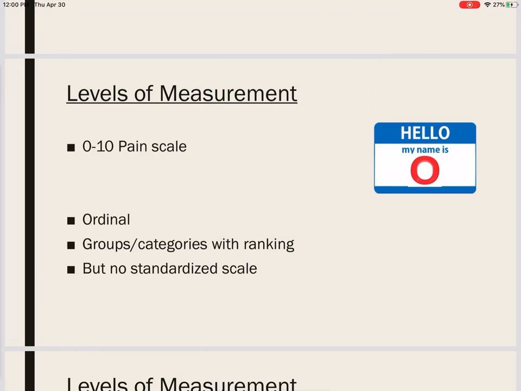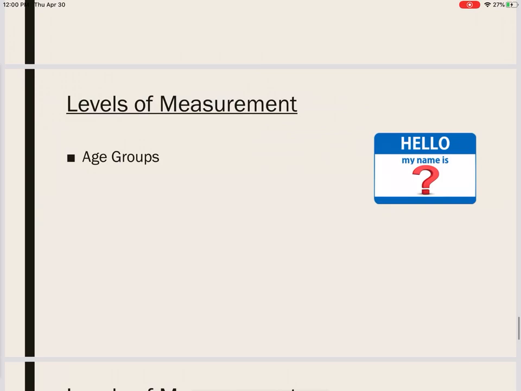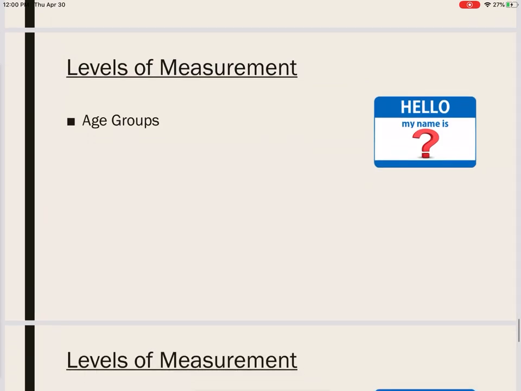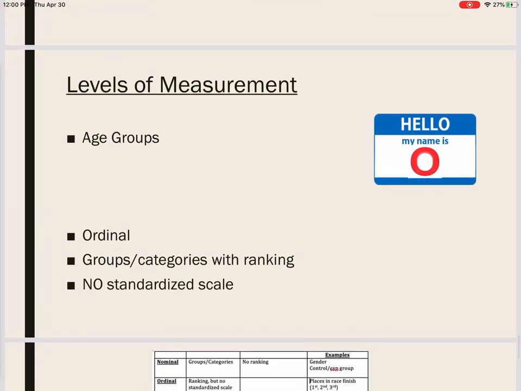It is ordinal because there is a group and category. There is a ranking. A 1 on the pain scale is lower than a 9, but there's no standardized scale. It is subjective. Anytime we have something subjective, people's own definition of what a 1 versus a 2 is differs from other people. The last one here I've already given you as an example, so you're already a pro.